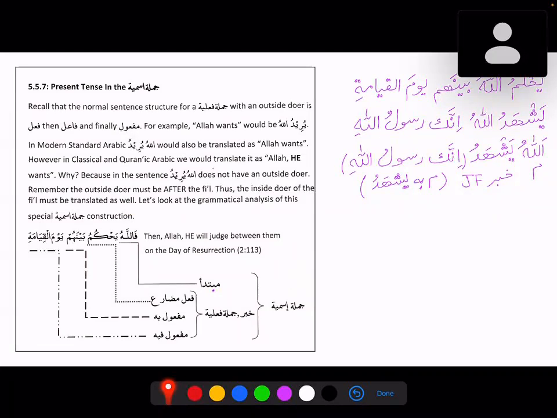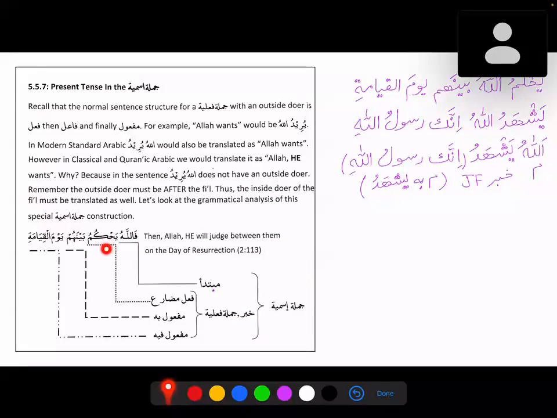Now, look at the example over here. It says, Fallahu. So, fa is a connector over here. Allahu. So, we are looking for a Jumla Ismiya over here. This is our mubtada. And then it says, Yahkumu. Yahkumu is a fail, fail mudari, its fa'il is huwa.